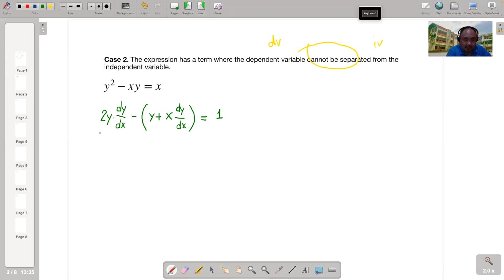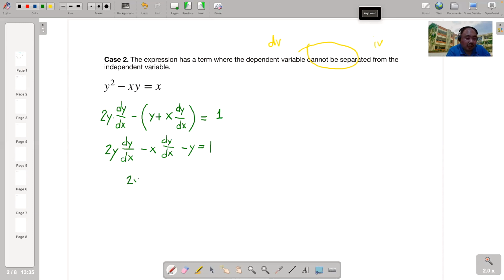Okay. Now, what we do next is we try to isolate dy/dx from everything else. Okay, I think it's quite easy. So let's give it a try. That's 2y dy/dx minus x dy/dx minus y is equal to 1. And then we move negative y from the left-hand side to the right-hand side.